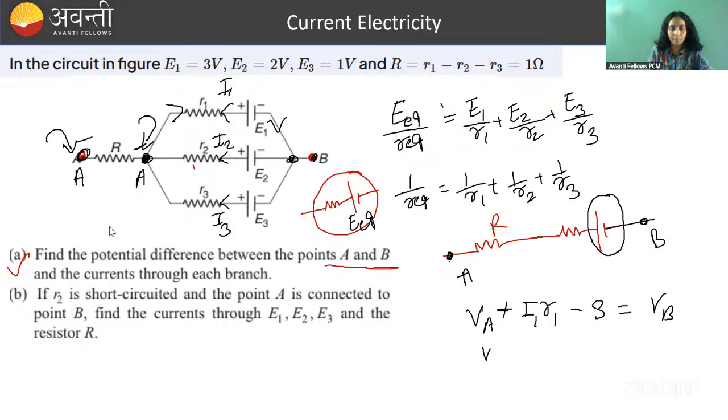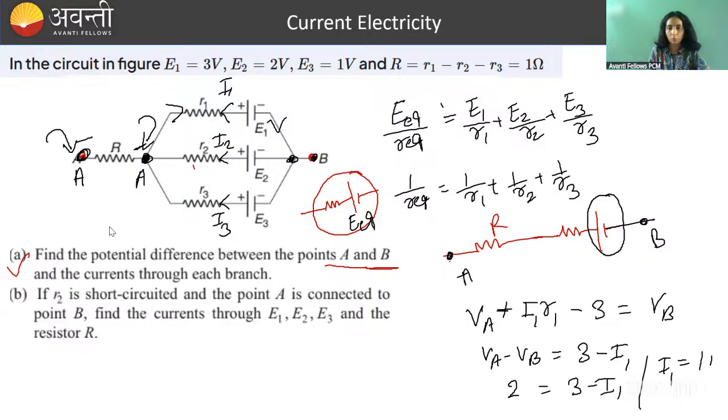So यहाँ से अगर आप लिखते हो, VA minus VB can be written as 3 minus I1, क्योंकि R1 is 1. VA minus VB is 2 volt and this is 3 minus I1. So I1 will be equal to how much? This is equal to 1 ampere.